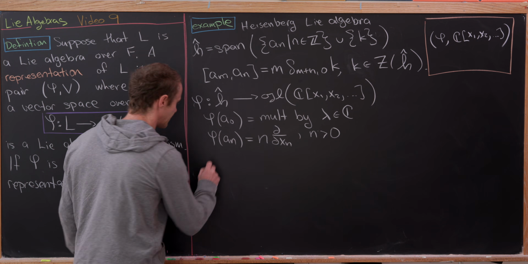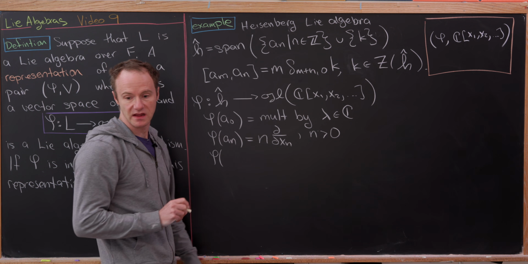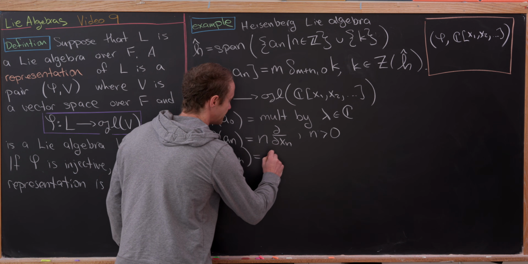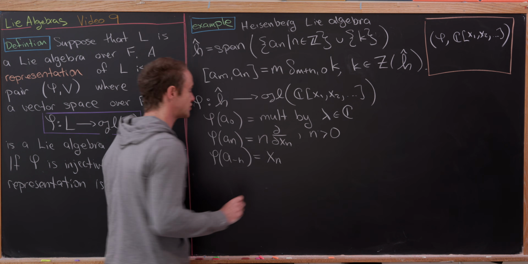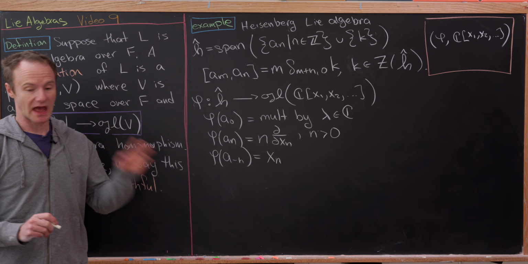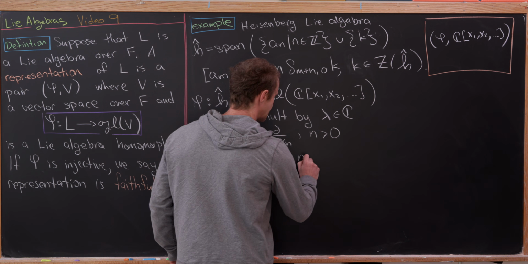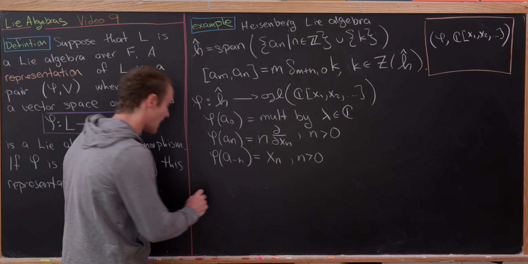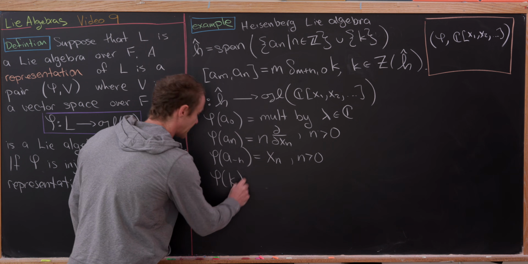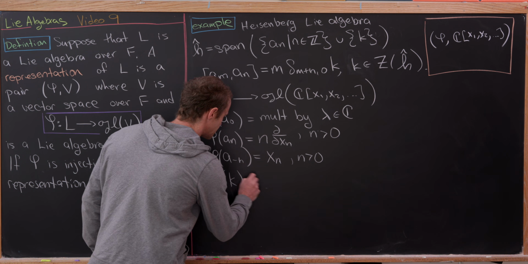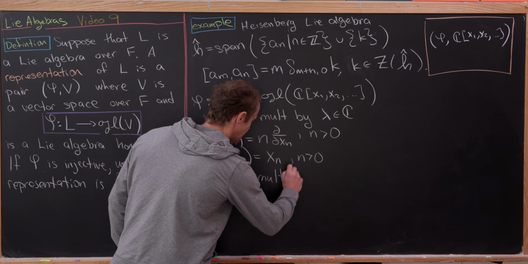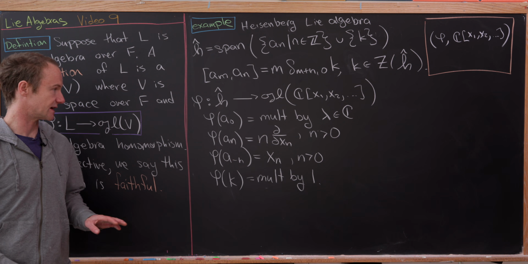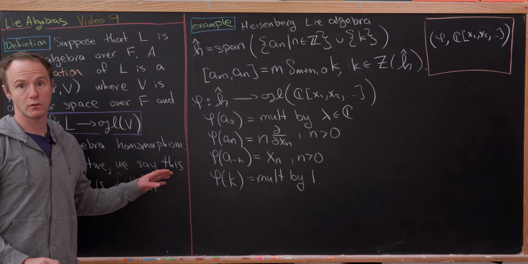And then we need phi of a_{-n} to be equal to just multiplication by x_n. And again, that is also in the case when n is bigger than 0. And then finally, phi of K is equal to multiplication by the number 1.